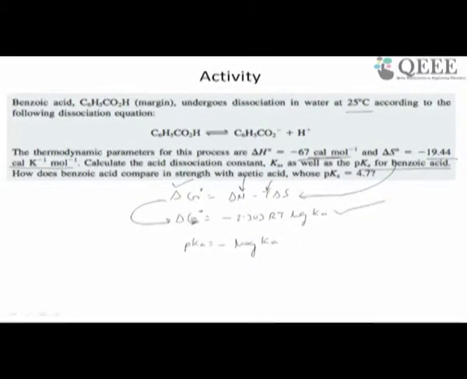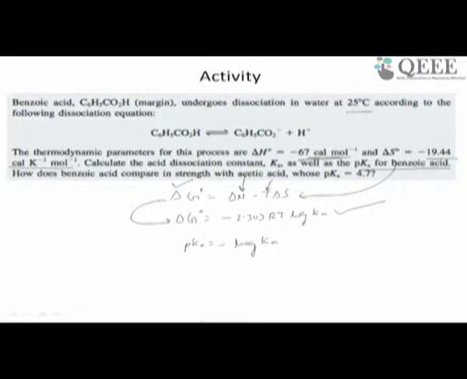In that case, delta G will come in calories, so that you can equate it to Ka. Since delta H is a very small amount, minus 67 calories, you don't have to change the delta S, which is also mentioned in calories. That precaution you need to take, and then you will be able to find Ka and log Ka.